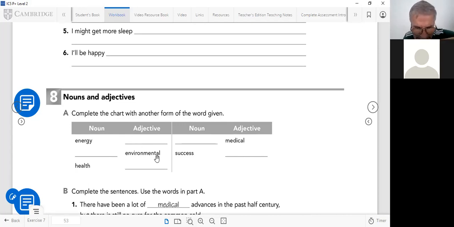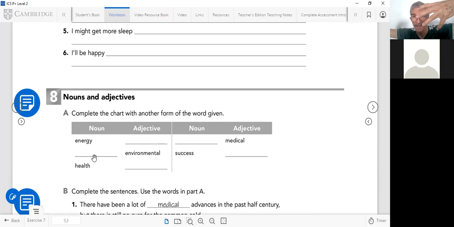Now, what is the noun for this adjective? Environmental. Environment. You omit the final AL that you see here, right? So you say environment here. Environment is the condition, but the characteristic is environmental conditions.